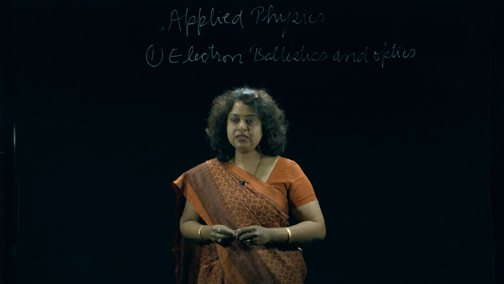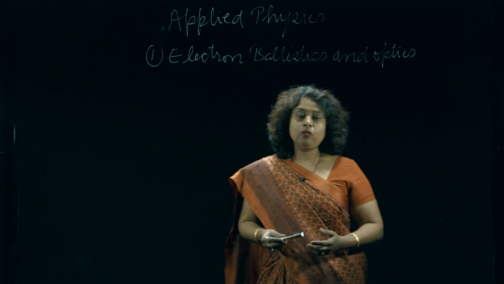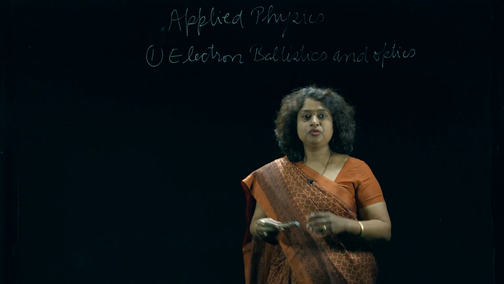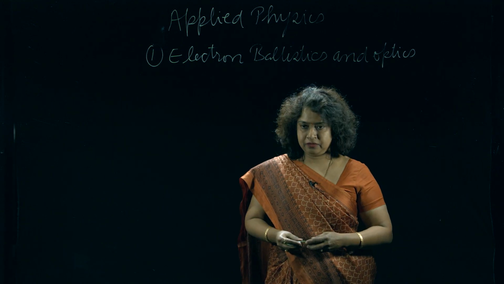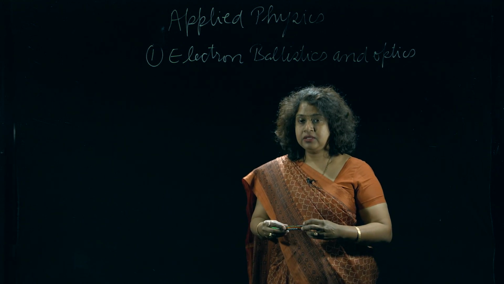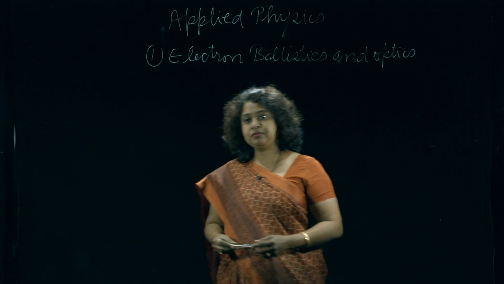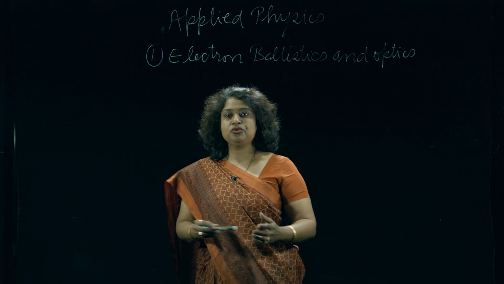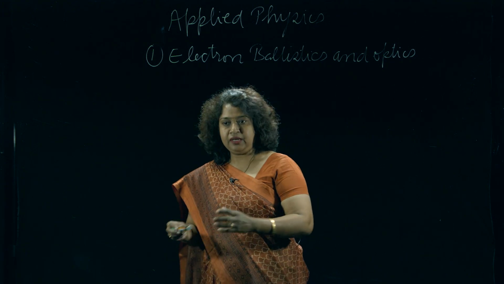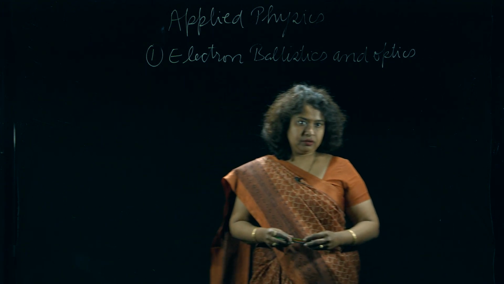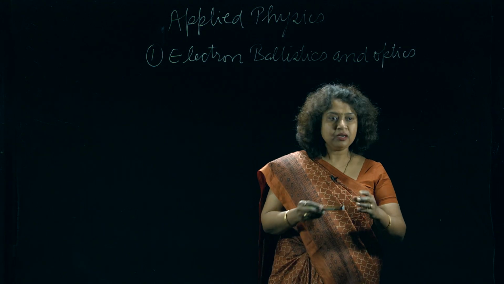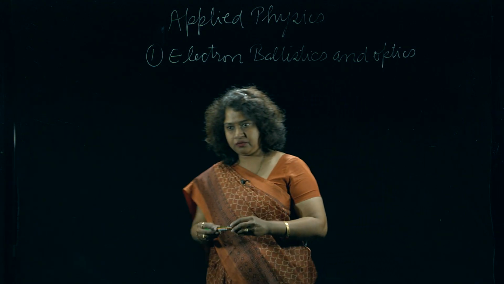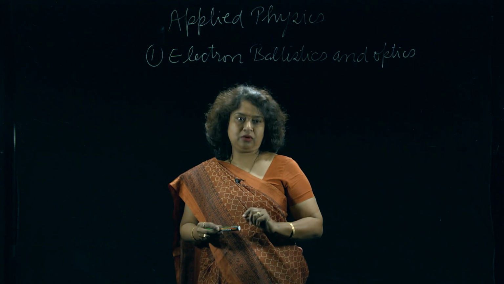So in electron ballistics we will explore what will happen to an electron when it is moving in electric field or the magnetic field. And since it is applied physics, the name of the subject itself is applied physics, so we will try to understand what are the applications of these concepts. Like if I am using electric field for an electron which is moving parallel to the electric field or anti-parallel to the electric field, what I can use this for.